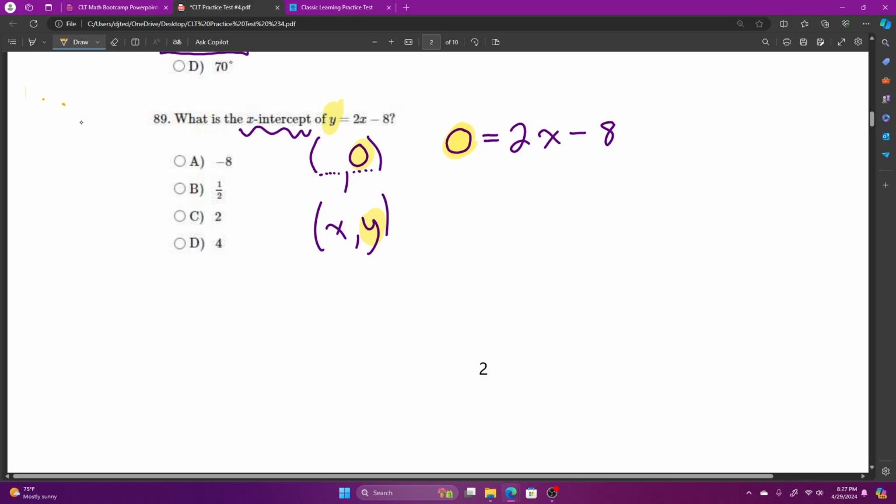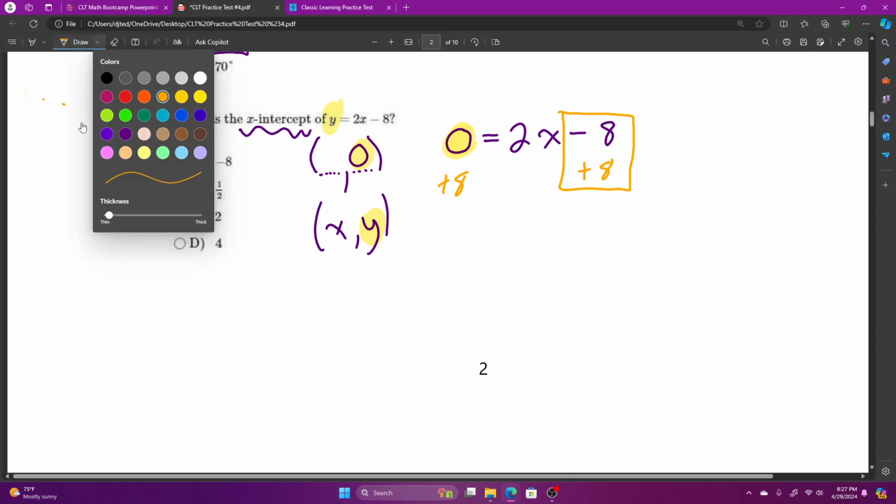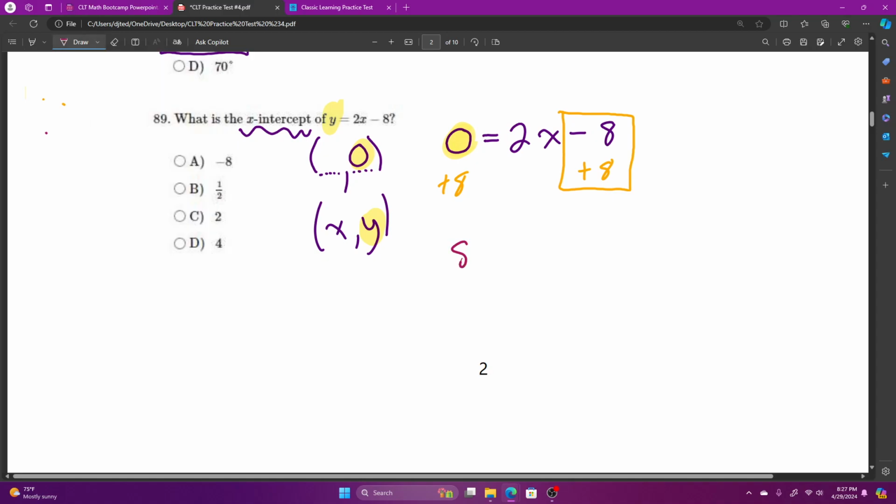I vote we want to get the X by itself. I vote add 8 to each side of the equation to make our minus 8 cancel out to 0. And 0 plus 8 is 8.